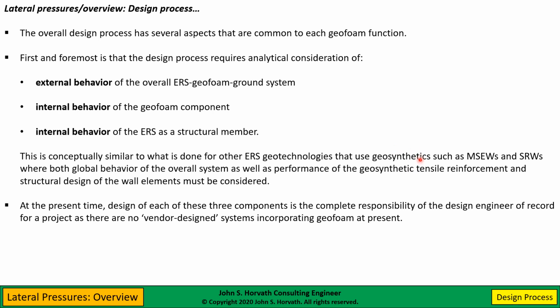This is what we call a vendor design system, where basically the engineer of record for the overall project, she or he, is not going to sit down and actually design the segmental retaining wall or mechanically stabilized earth wall. This option does not exist at present for using geofoam to reduce earth pressures. So when you use these on a project, as the engineer of record, you need to do all three of these things yourself.